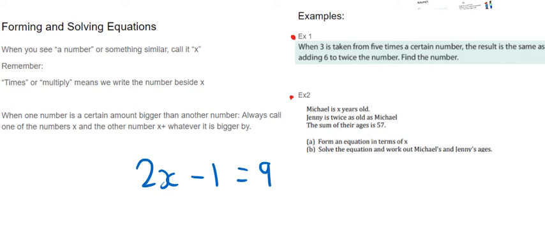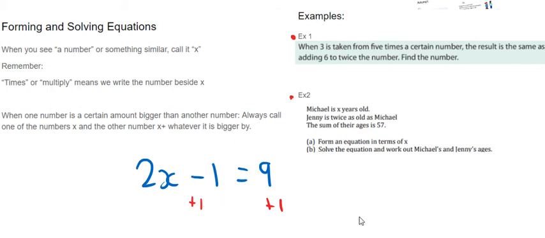So if you can see the two examples here that we're going to be looking at in a minute. If I had 2x minus 1 equals 9, it depends which way you've learned it, but one way is adding 1 to both sides. The other way your teacher might have taught you is moving over the minus 1 to the other side, and when it moves over, it becomes a plus 1.